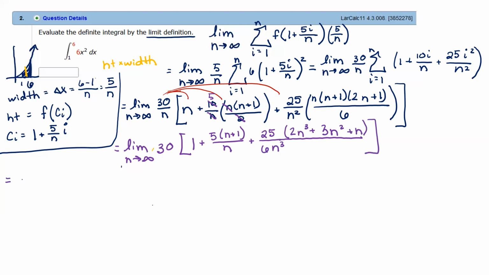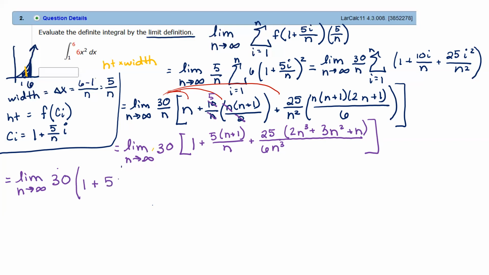Okay. And then this becomes the limit as n goes to infinity of 30 times 1 plus, here this is going to be 5n over n plus, and since we're going to be looking at the limit, we have 5n over n.